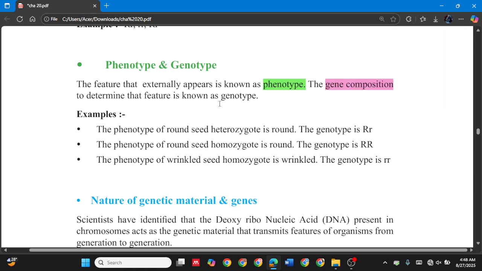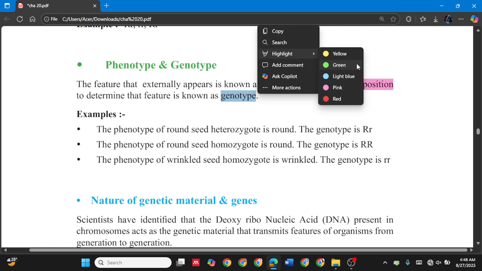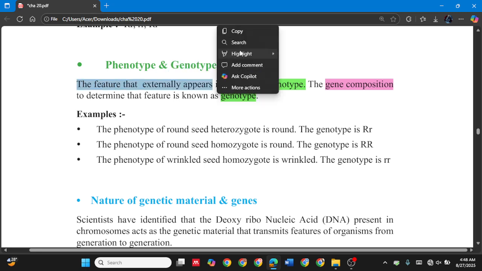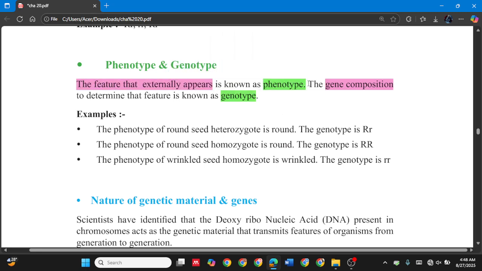As an example, they have given it below. The feature that externally appears is the phenotype. See, the phenotype of a round seed heterozygote is round.